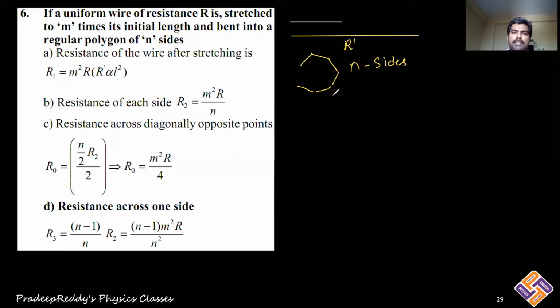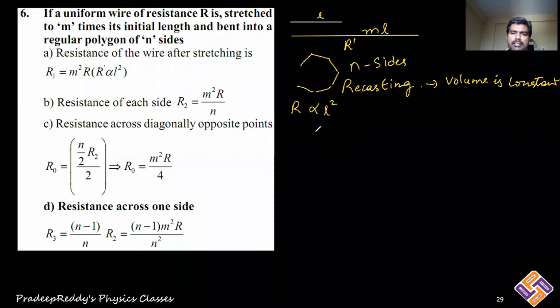As we know, this is in the form of recasting. You are recasting the material, therefore volume remains constant. Volume is constant, therefore resistance R is directly proportional to the square of the length. Initial length, I am considering it as L. Final length has been increased to mL.